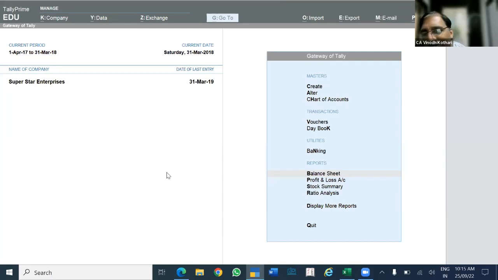Expense means where will it come? P&L, right? Liability means where will it come? Balance sheet.